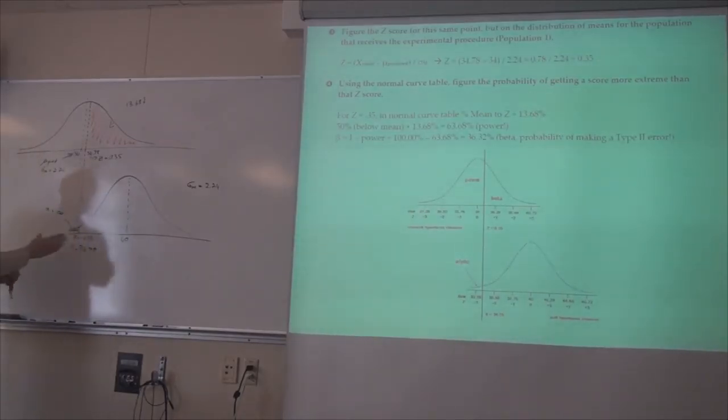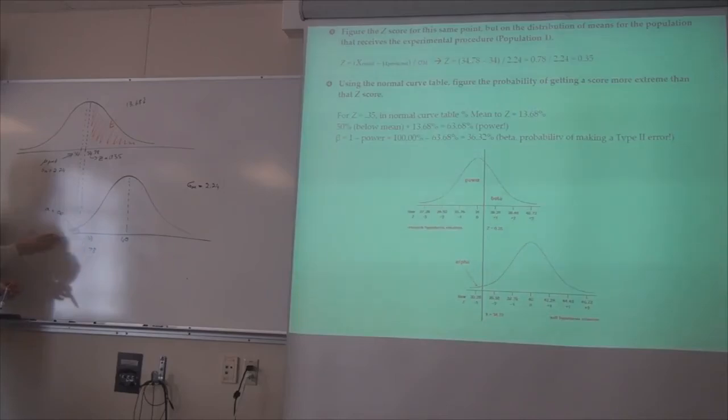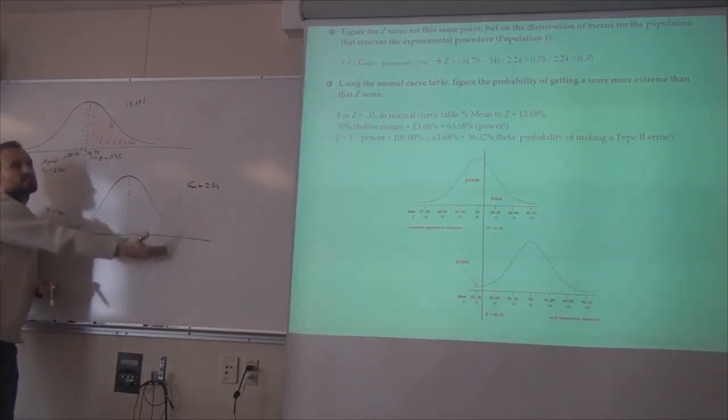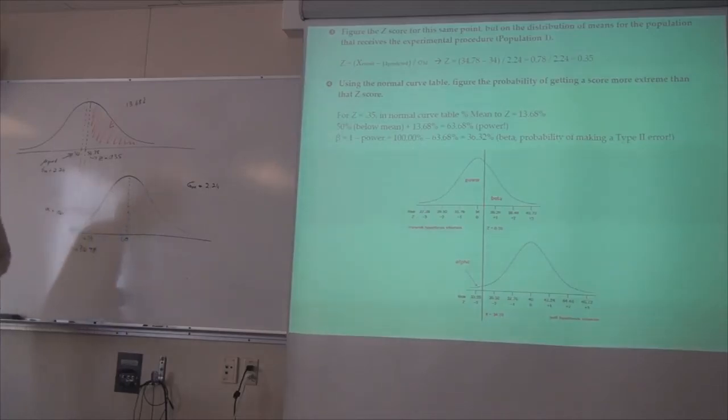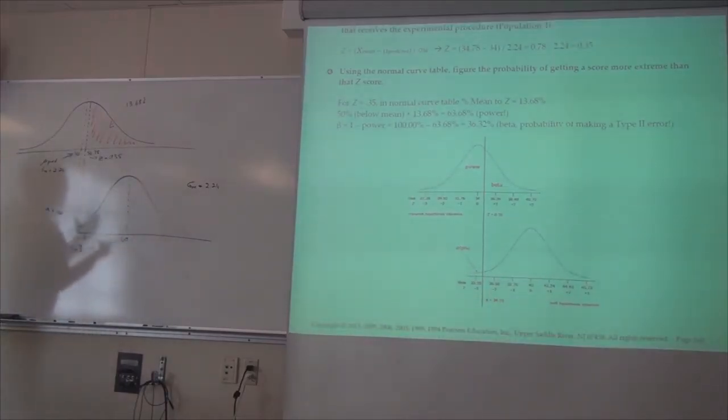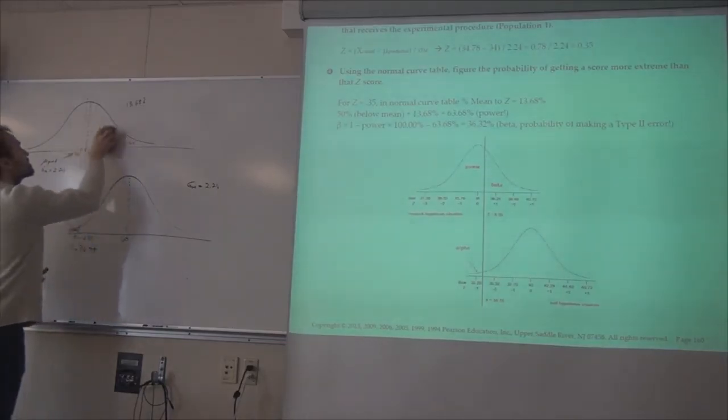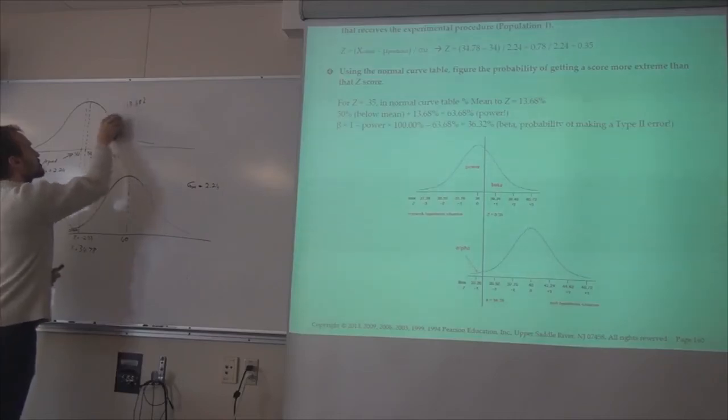Because I'm going to reject to the left of this cutoff, and I'm not going to reject to the right. Yes. So, oh, no. You're right. Because it's swapped around. It's the left side. So my red's wrong. Sorry. Let's just talk through this again.